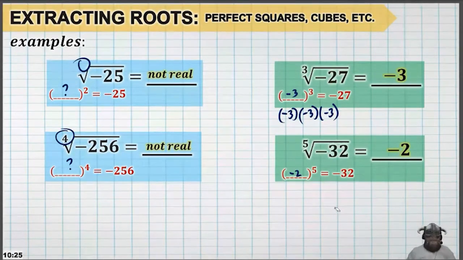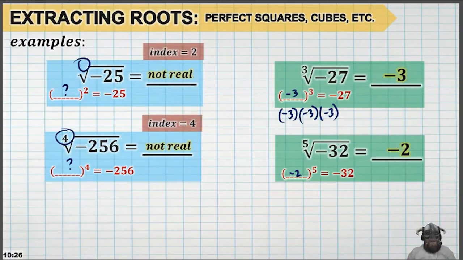Ngayon, sir, nakakalito. Kasi merong sagot not real, merong sagot negative. So, gawan natin ng summary or gawan natin ng idea kung kailan tayo magsasagot ng not real tsaka kailan tayo magsasagot ng negative number depende dun sa value. If you observe from these two given examples, their index is 2 and 4. They are said to be even numbers.